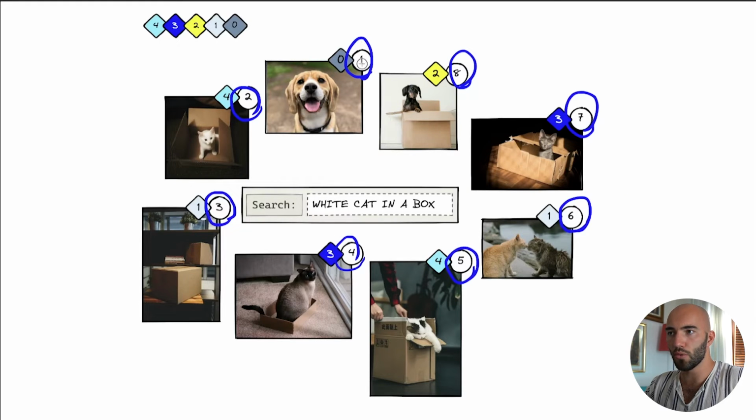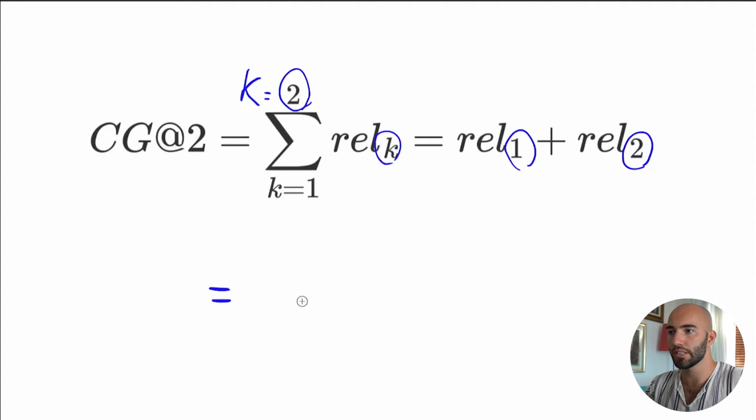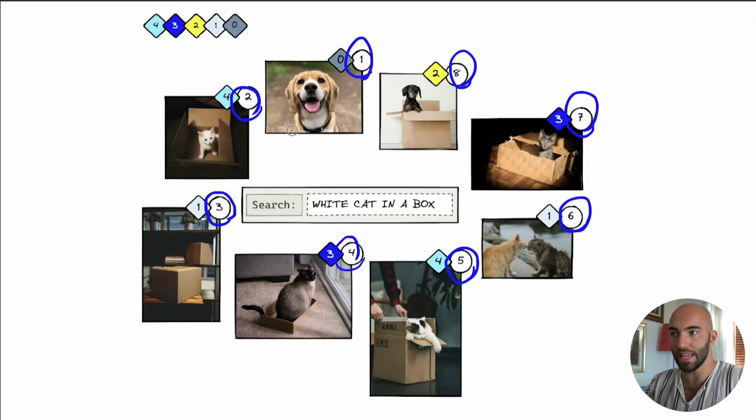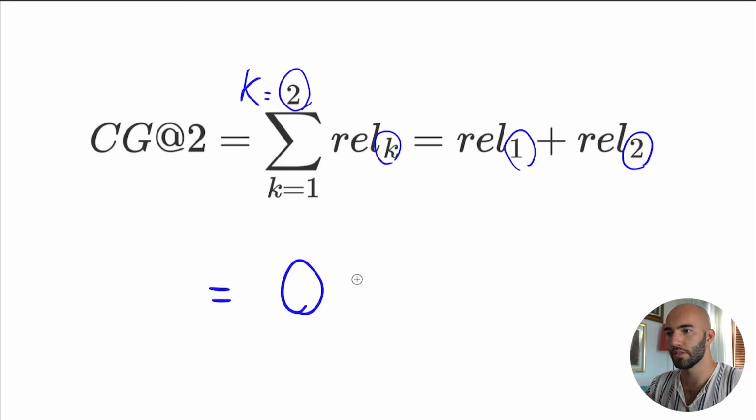So we have a look at number 1. It's not relevant. It has a score of 0. So it's equal to 0. And then at number 2, it is relevant. So it has a score of 4. So our cumulative gain score in this case is equal to 4.